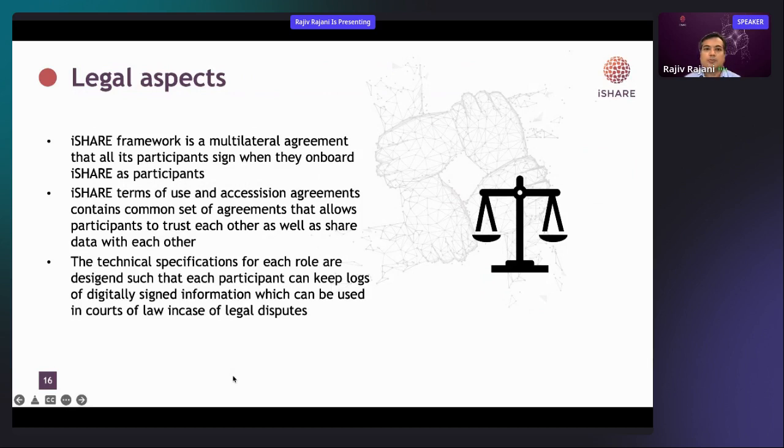So on one hand, they accept the legal aspects of the framework, and on the other hand, they also accept that they will make sure that they are always technically compatible in the role that they are playing, so that they remain interoperable with other participants.